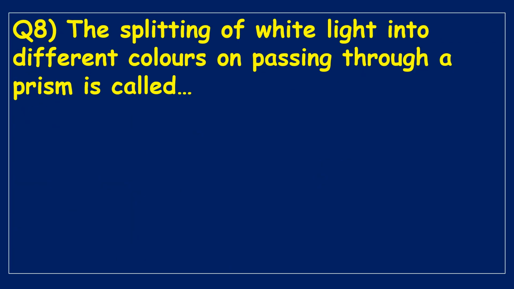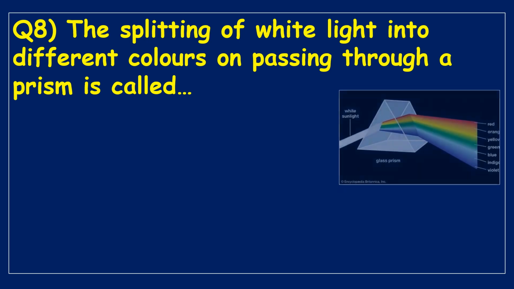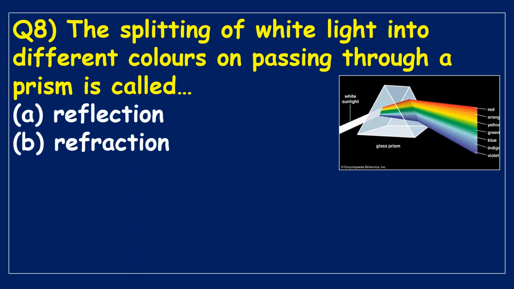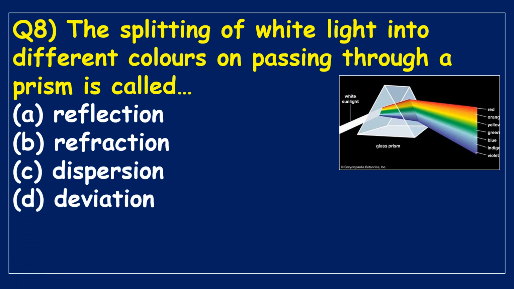The splitting of white light into different colors on passing through a prism is called dash. What is this called? Glass prism. When white light passes through a glass prism that splits into 7 colors, that is a process called option A reflection, option B refraction, option C dispersion, and option D deviation.